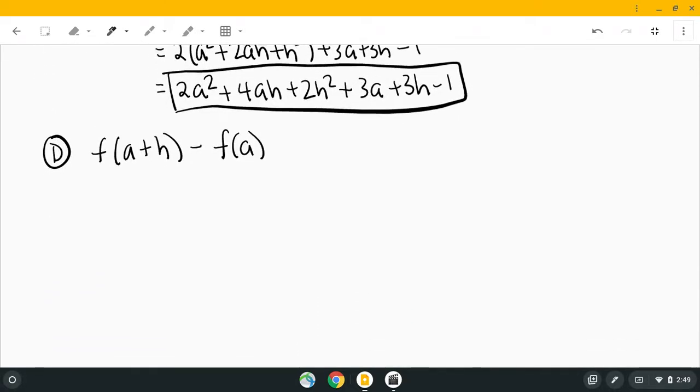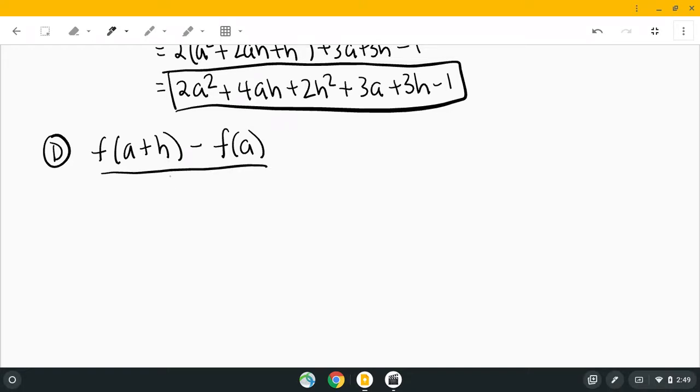No cheating. So you're going to find f of a plus h, you're going to find f of a, and then you're going to subtract. And then we're going to have this h hanging out in the denominator. It's just going to hang out there for a bit until the very end.